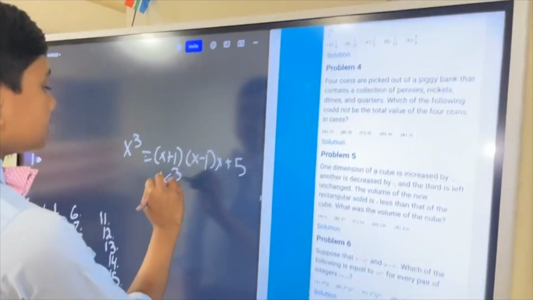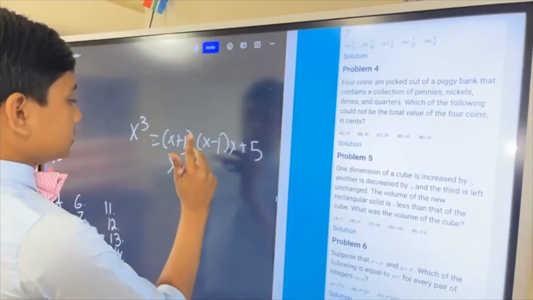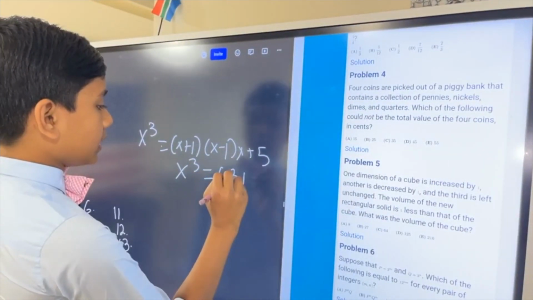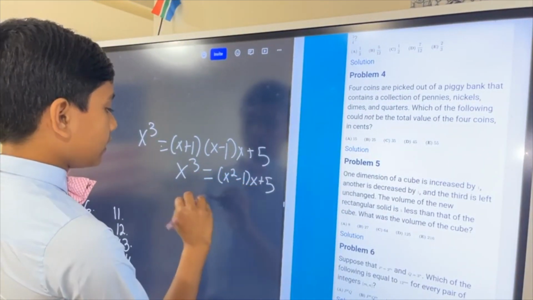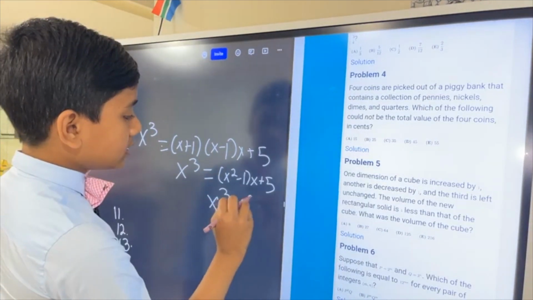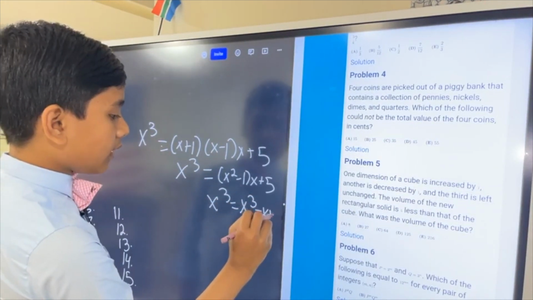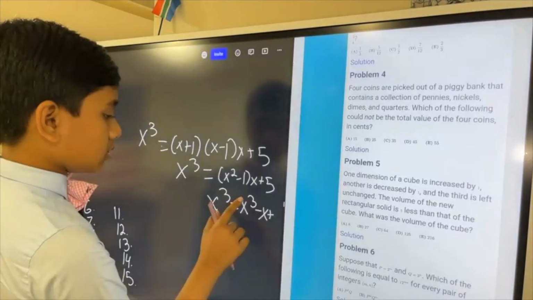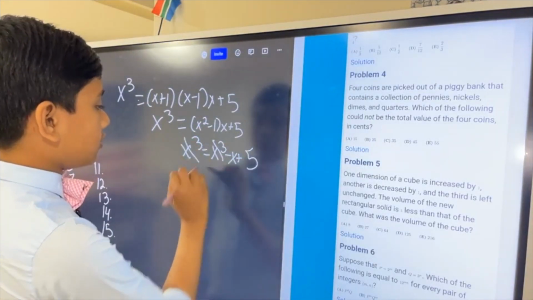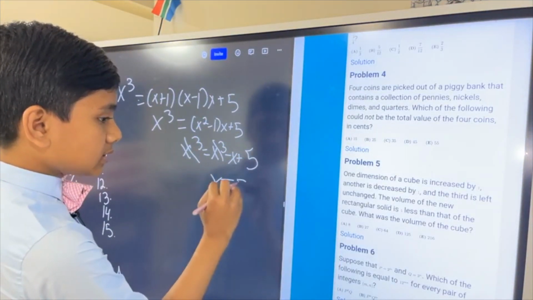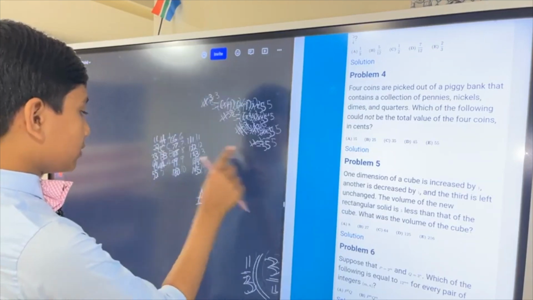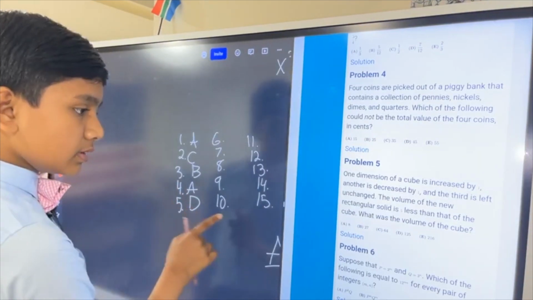So x cubed is equal to, well, what happens if I distribute? We get x squared minus 1 times x, plus 5. So we get x cubed minus x plus 5. So now this becomes pretty tidy. x equals 5. So the volume was 125.